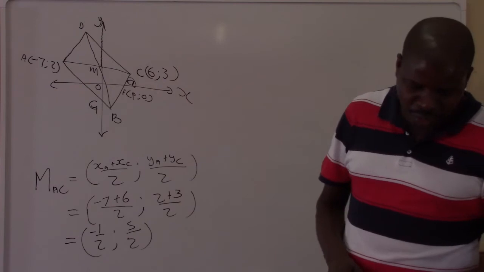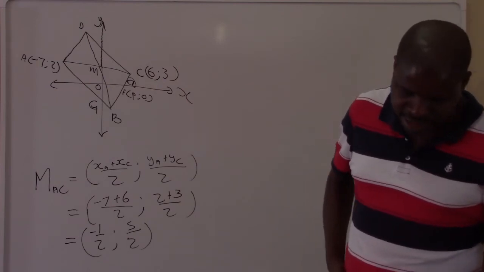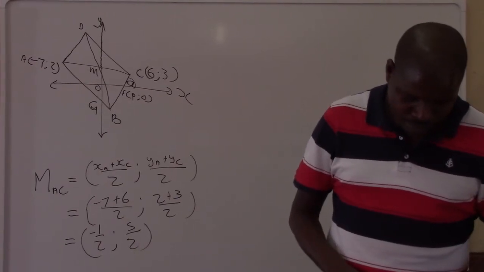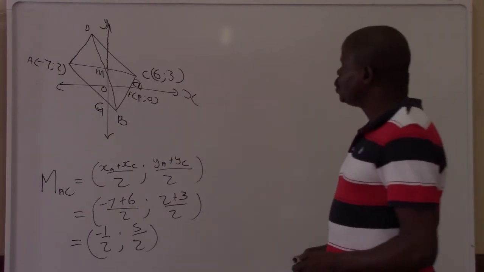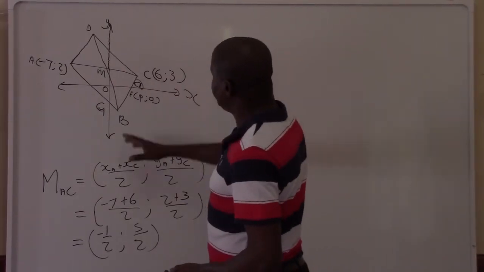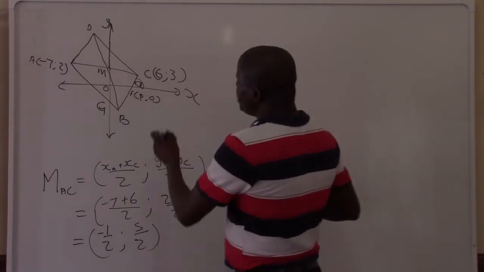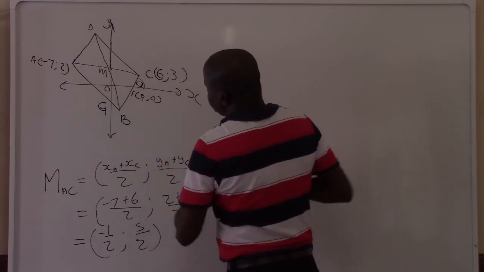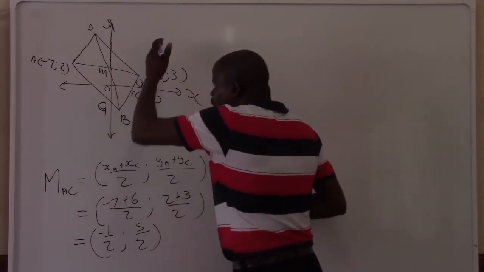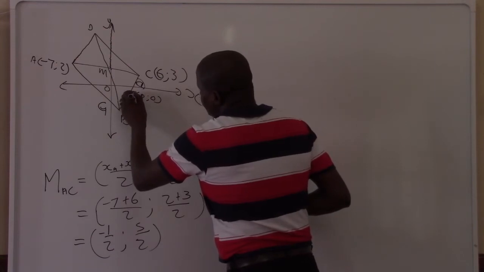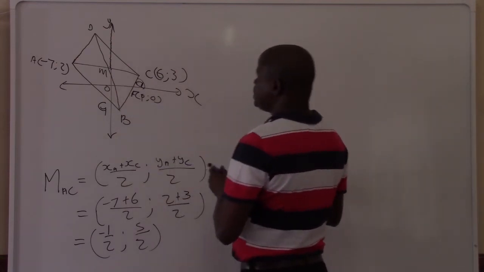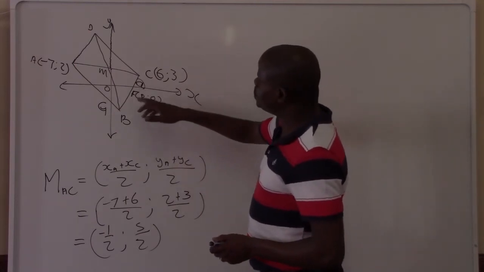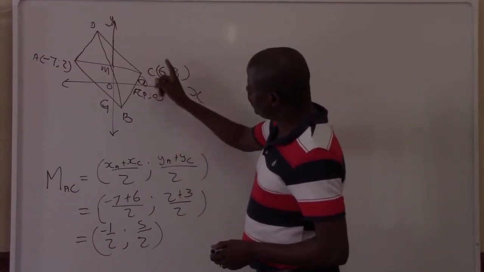And then the second question, they said write down the gradient of BC in terms of P. So here it's BC, starting from B to C. But along the way we have F, which is given, the coordinates of the x-intercept of that line BC.